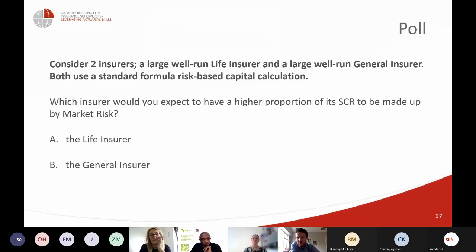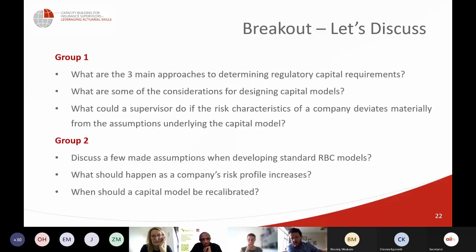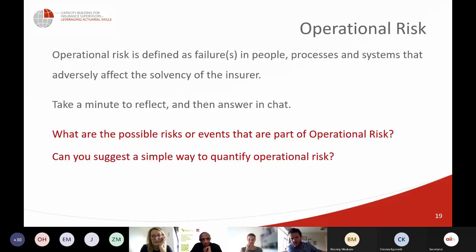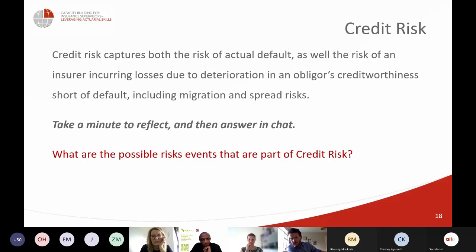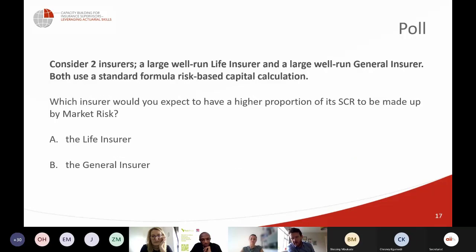The vast majority of people, almost 80%, picked life insurer, because life insurers' assets are much longer term, and usually they have more property and equity assets, whereas a general insurer has more short-term assets because they've got short-term risks and short-term liabilities. So their assets are usually in cash and very liquid assets like fixed interest, with a very limited amount of equity.